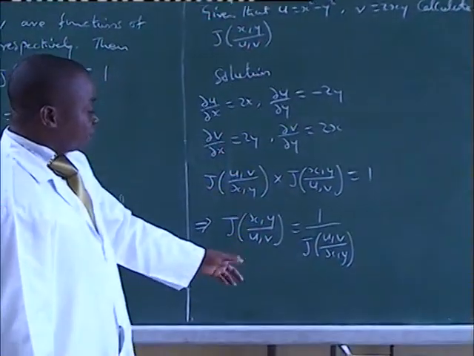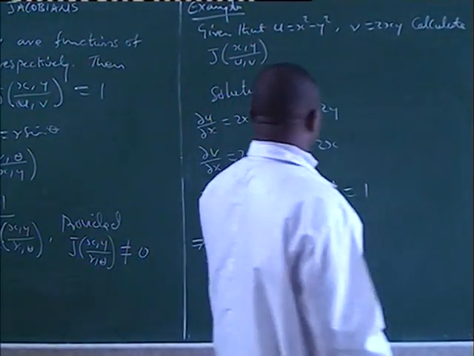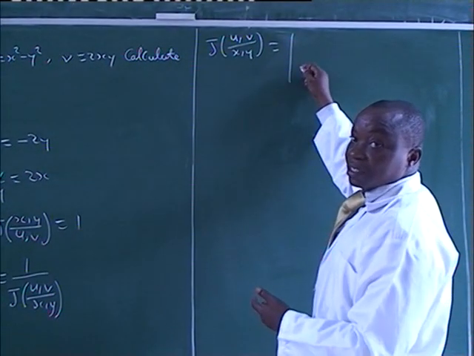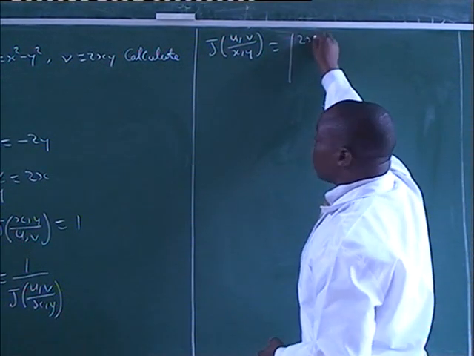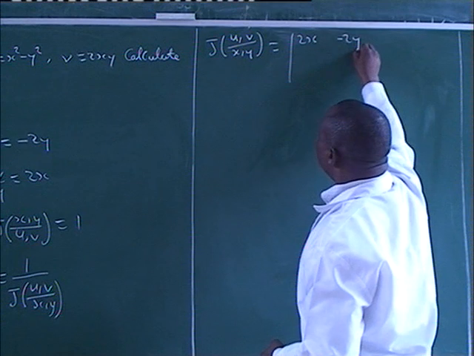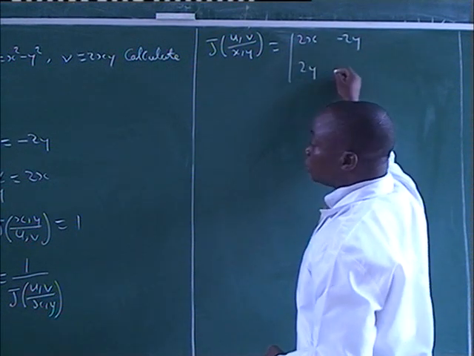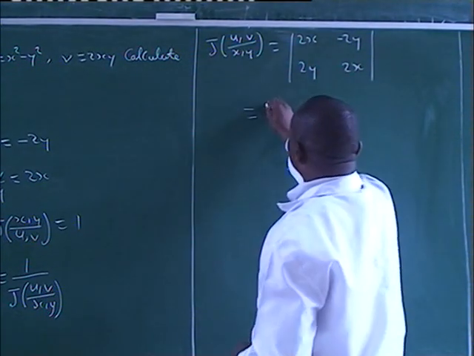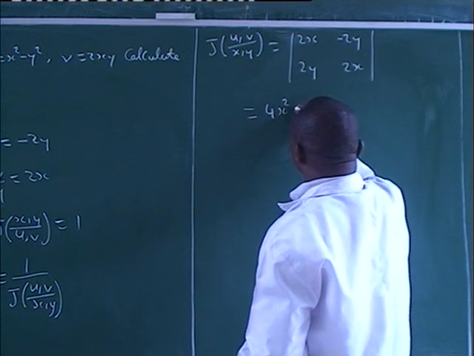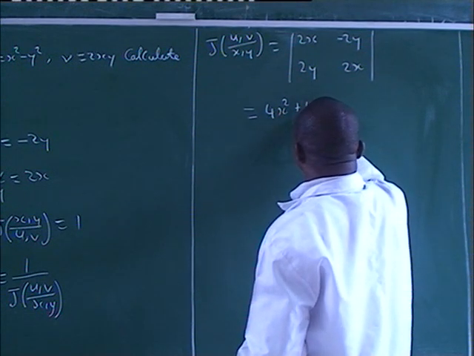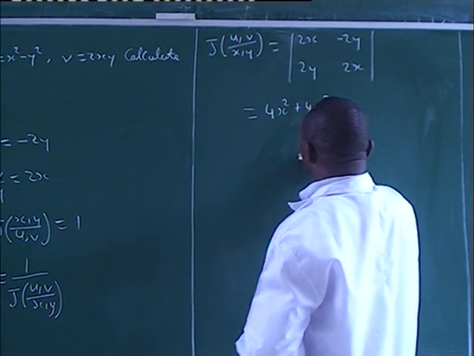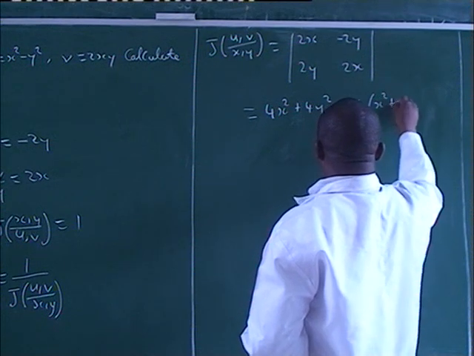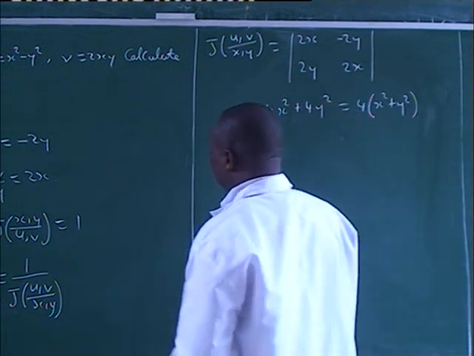And then we have to take the Jacobian of u and v with respect to x and y, which is the second order determinant. So that is 2x, minus 2y, then we have 2y, then we have 2x. And this time this will give us 4x squared plus 4y squared. And that is the same as writing 4 times x squared plus y squared. Alright.